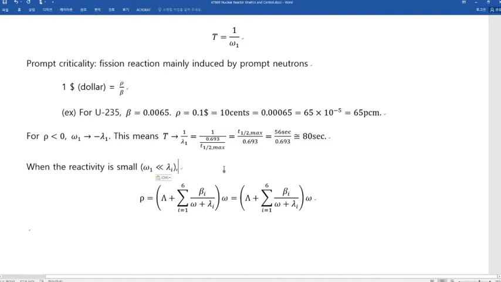So when the reactivity is very small, such that omega 1, the biggest solution of the in-hour equation, is smaller than the lambda i's, then we may ignore this part.